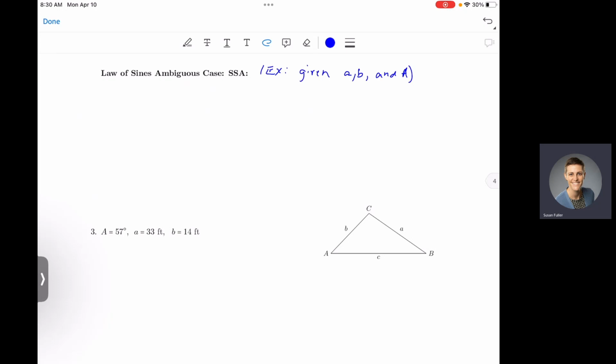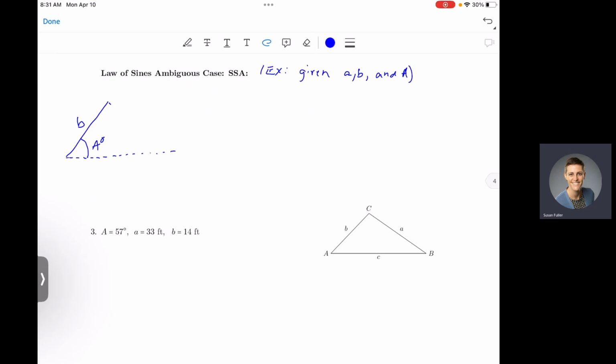So basically what we're given is we know the length of side B, and we know how big angle A is. And so we don't know how long this side C is, so I'm just going to put a dotted line in here. But we do know how long side A is.